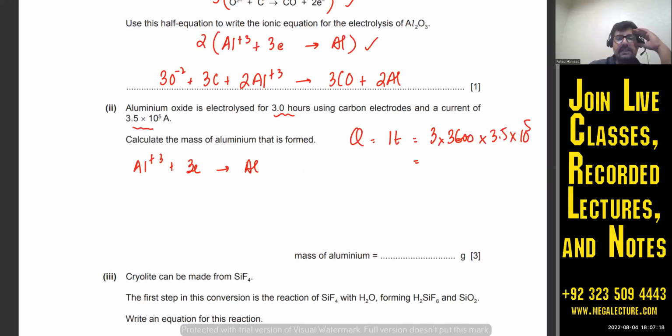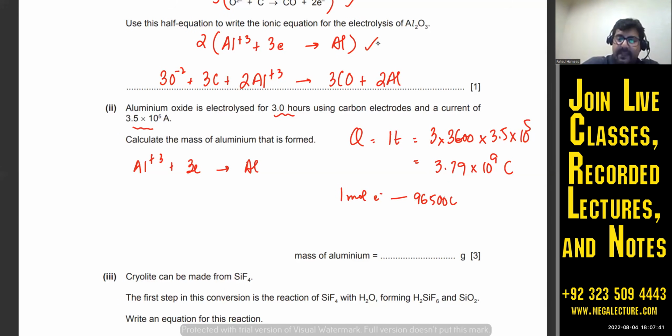So the value for this is 3.78 into 10 to the power 9 coulombs, right? What do we do with this? We use the Faraday constant. What is the charge on 1 mole of electrons? It's 96,500 coulombs.